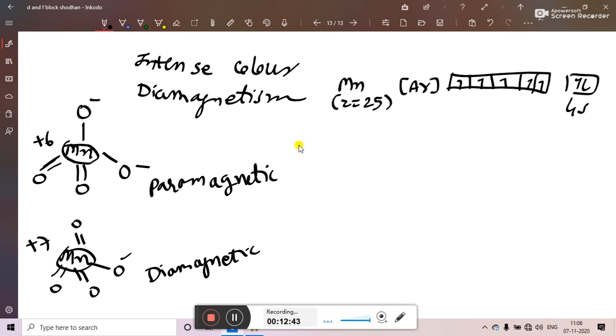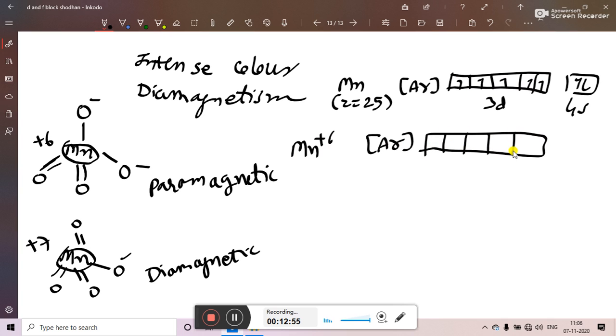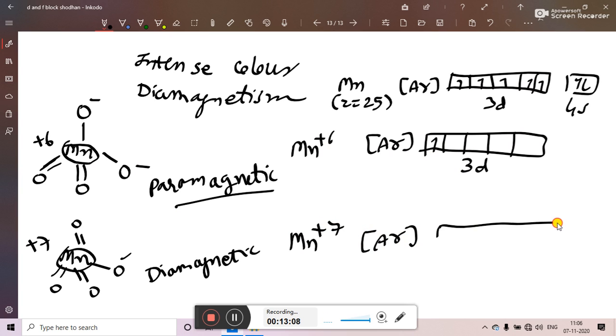Now in manganate ion, Mn is plus 6, so 6 electrons are to be removed. So when we remove the 6 electrons, we are remaining with argon 3d1. So because of this unpaired electron, MnO4 2 minus is paramagnetic, while in case of permanganate, Mn is plus 7. So configuration is argon, so that means all the d orbitals and s orbitals are empty, and due to this reason it is diamagnetic in nature.